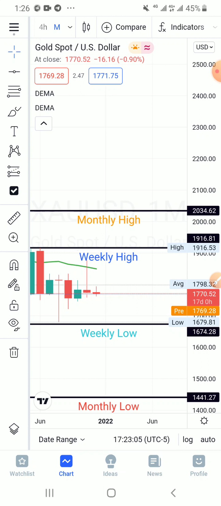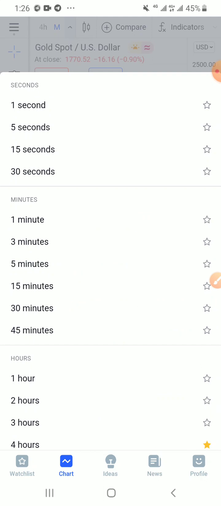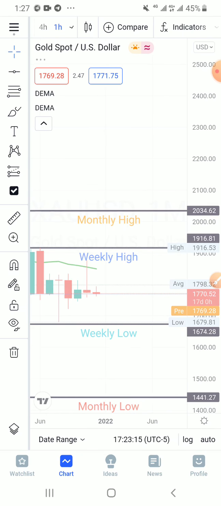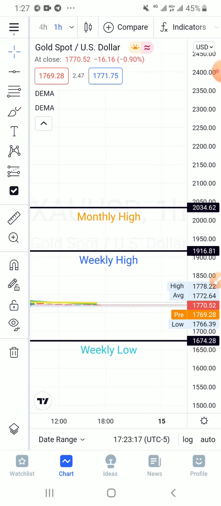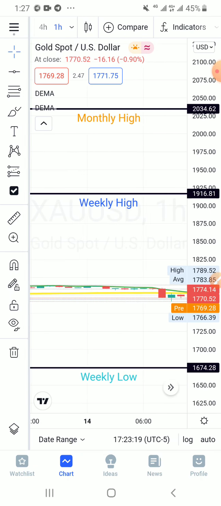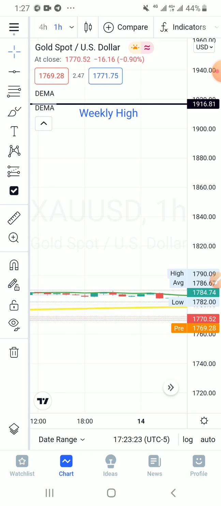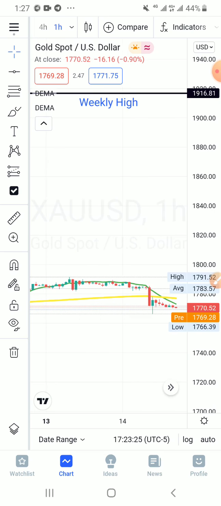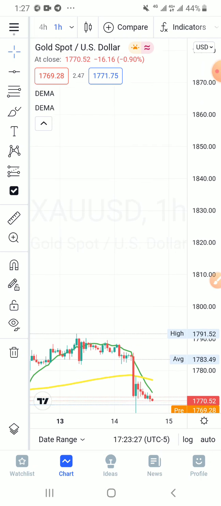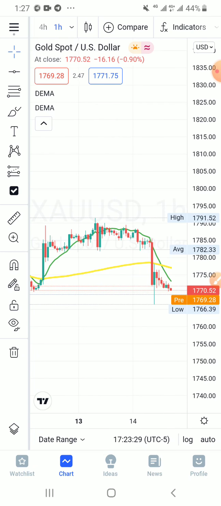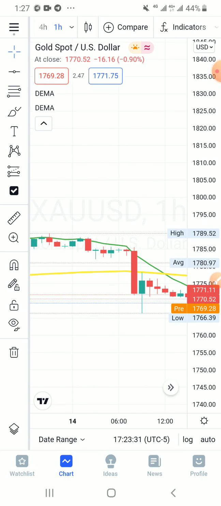Right now we know how to detect the high and low of monthly and weekly. Let us go on 1 hour. Yeah, this is 1 hour, guys. This is 1 hour high and low.